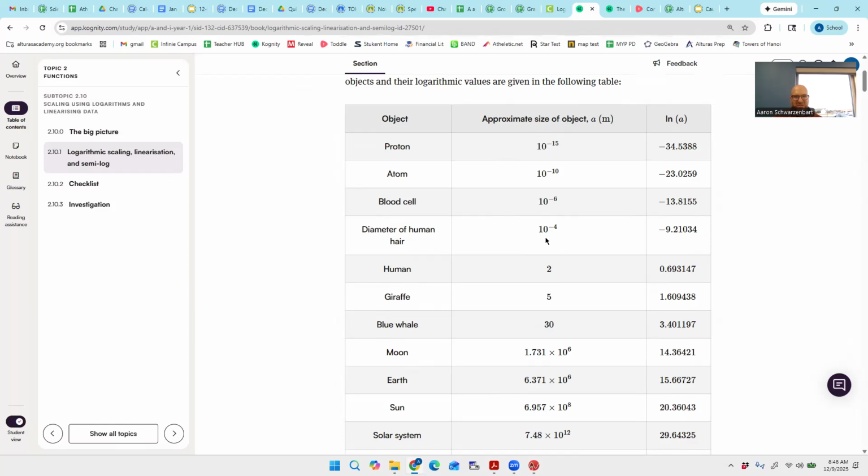Hair, different bacteria all kind of clustered in there. And you get a lot clustered in here. And we don't have a lot of things between the size of normal things on Earth and the moon. I don't think a blue whale's actually 30 meters long. Huge. Like 95, 100 feet? No, they're huge.